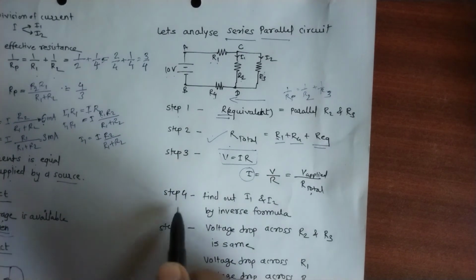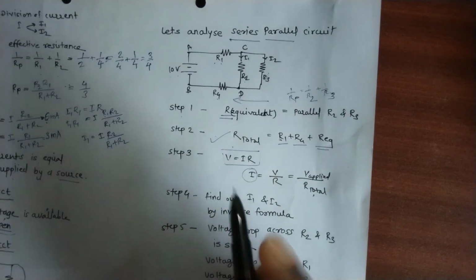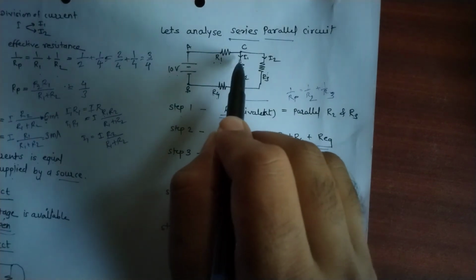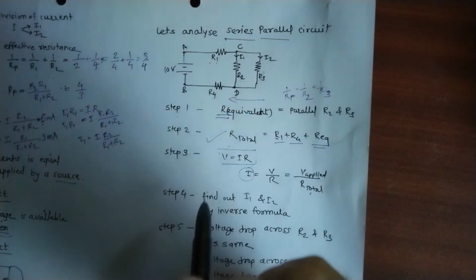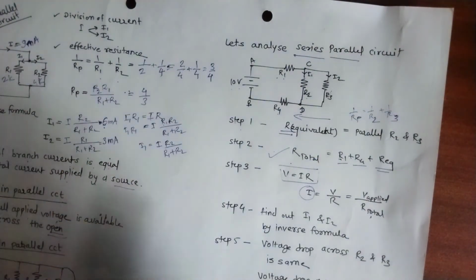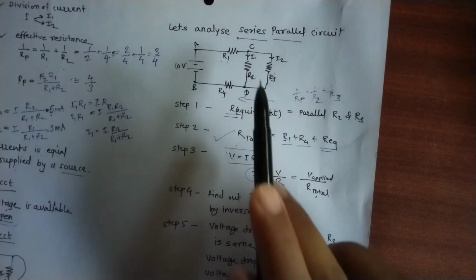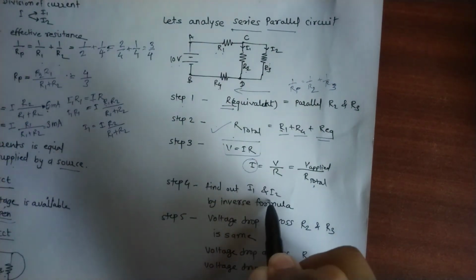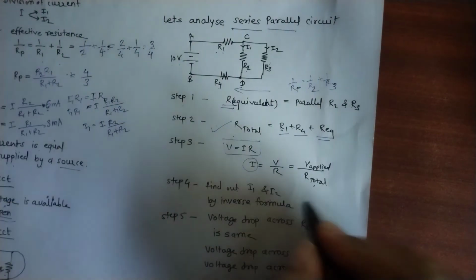So the next step will be to find out I1 and I2. There is a division of the current because it is a parallel circuit. As we have seen in the parallel circuit, the same situation appears here. So for finding out I1 and I2, we use the current divider formula. I will show it for I1.